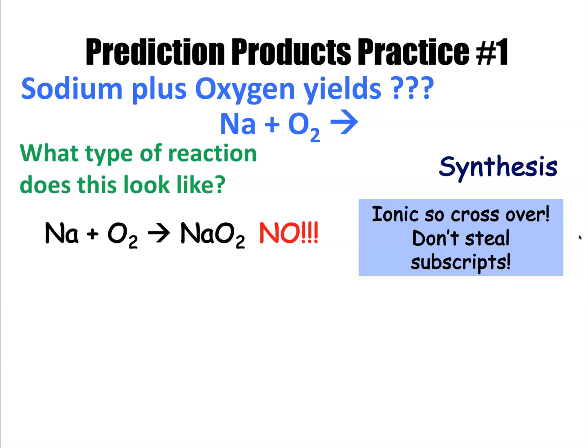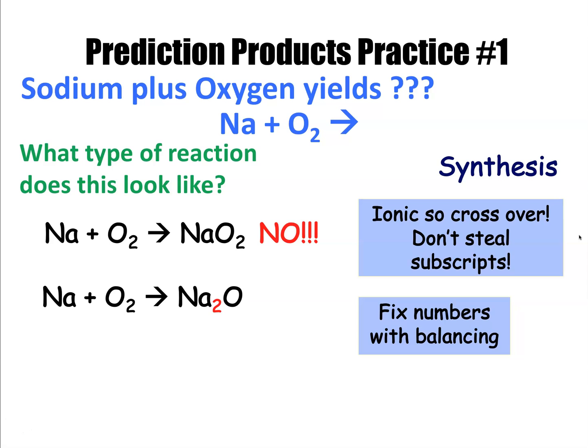That subscript of 2 in the oxygen on the reactant side does not travel. Only the O travels. So if I crisscross my charges, I should get this as my reaction. And then obviously once it's written correctly, now I can balance it and I have my overall reaction now written correctly. Questions on this? Okay.